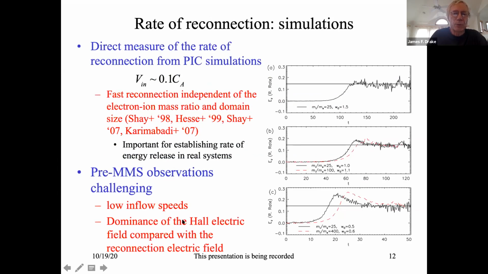The other important thing, and I'll show a picture of this later, is that the Hall electric field associated with the Hall magnetic field is very intense. Because that field is very intense compared to the reconnection electric field, it's hard to distinguish the two. I'll have a little bit more description of that later. So pre-MMS, directly measuring the reconnection rate was extremely difficult.